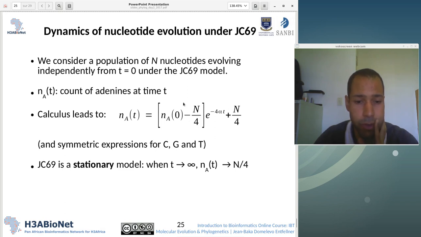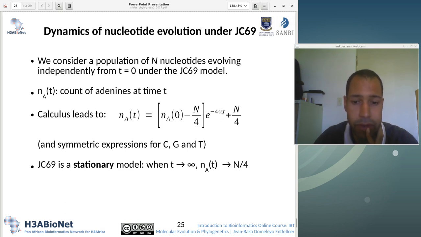So what can we say from this expression? From this expression, we see that the proportion of a certain nucleotide at time t depends, of course, on the initial proportion that you have of this nucleotide and on the time that has elapsed, plus the alpha parameter, that is our single parameter for the Jukes and Cantor 69 model.